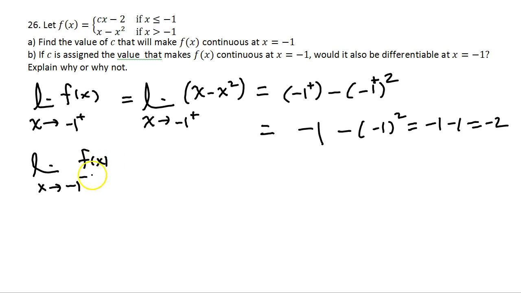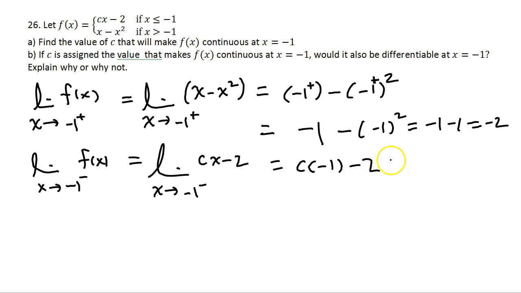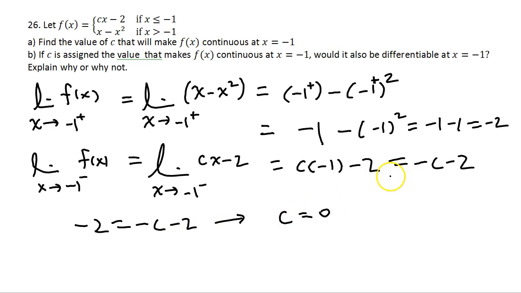In this case, because you're using values slightly less than -1, we have to follow this condition, cx minus 2, and then when you plug in -1, you get c times -1 minus 2, and that's -c minus 2. And for the limit at -1 to exist, the left limit and right limit must agree, so -2 has to equal -c minus 2. What does that mean? c should be 0, right? So c equal to 0 is the answer for the first one.